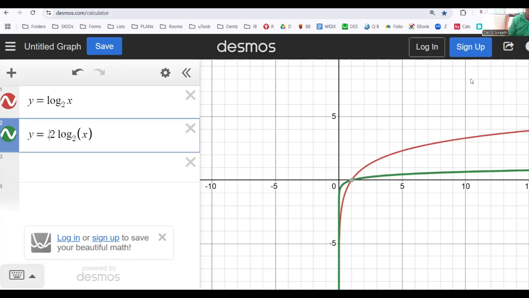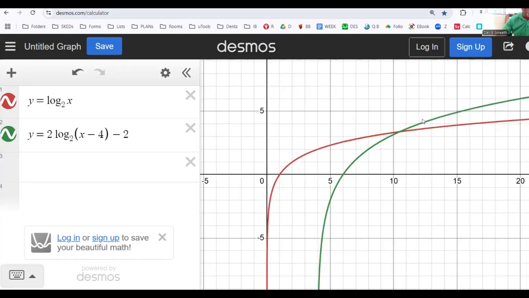We've shallowed it out. Still going through the same intercept spot, but now it's not increasing quite as quick. Finally, let's do the negative, just to show you that one. And you can see that reflected us across the x-axis.